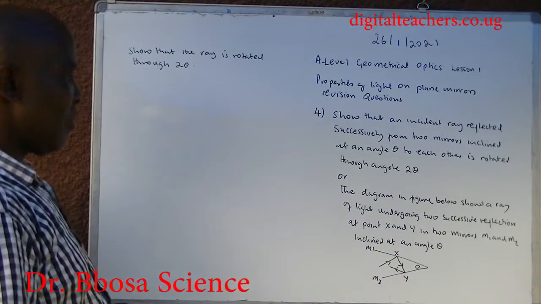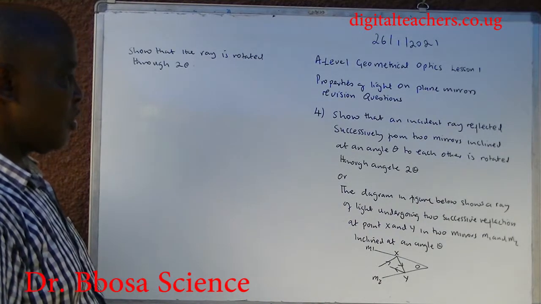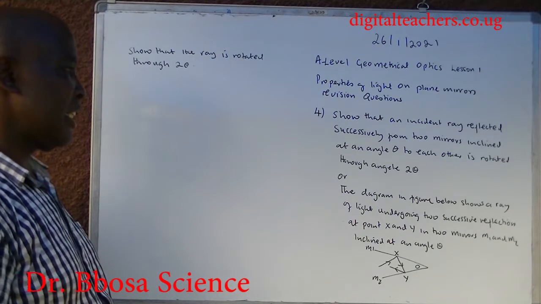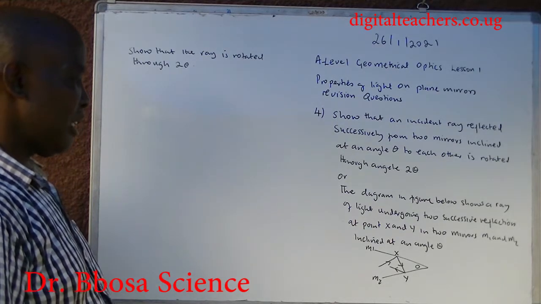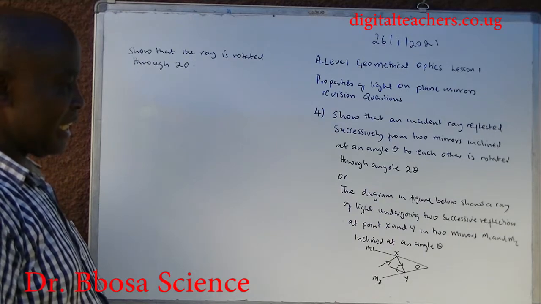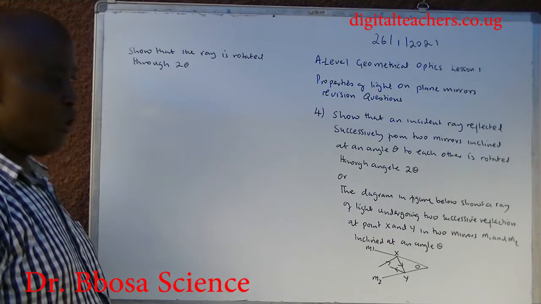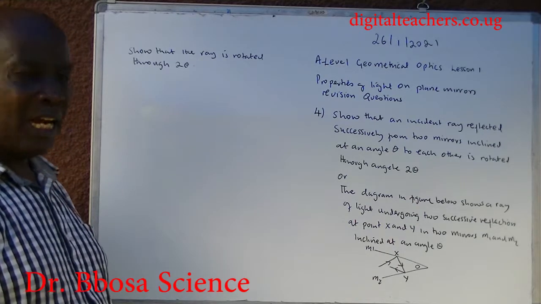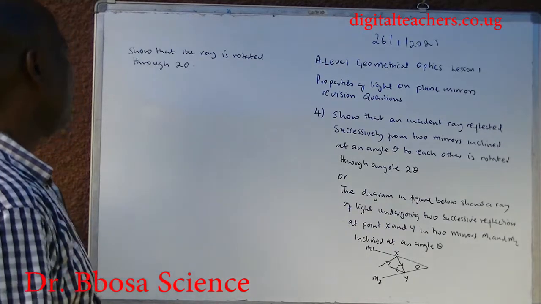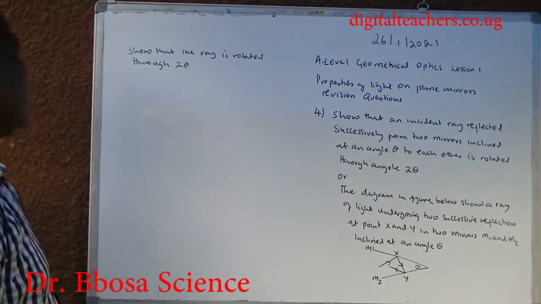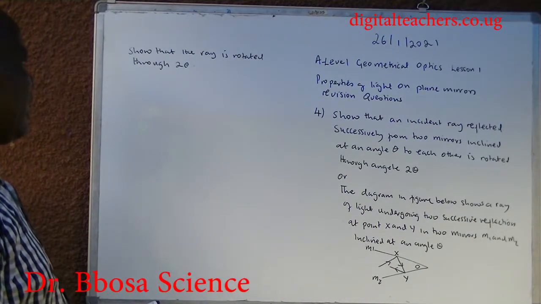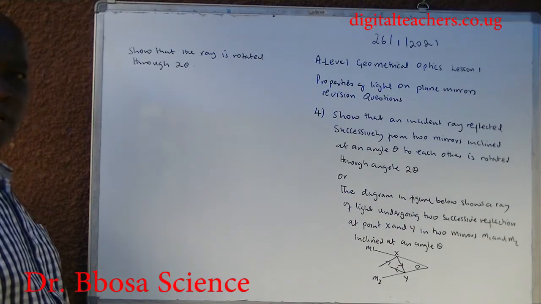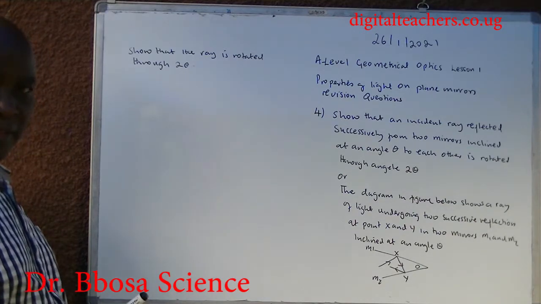Or the diagram in the figure below shows a ray of light undergoing two successive reflections at points X and Y in two mirrors M1 and M2 inclined at an angle theta. Show that the ray is rotated through 2 theta. You can pause and answer.